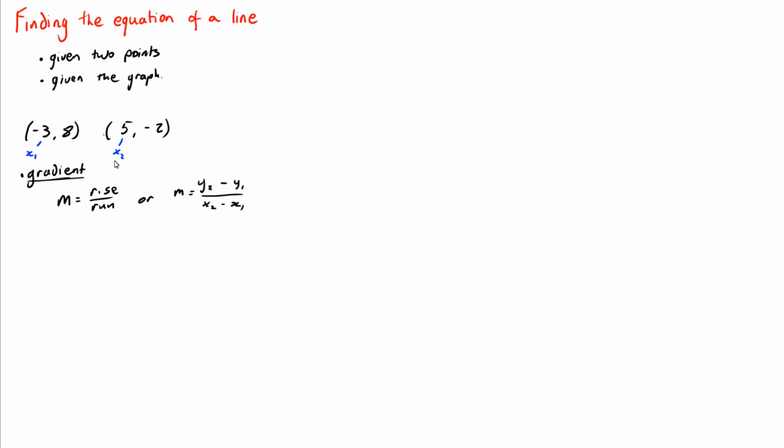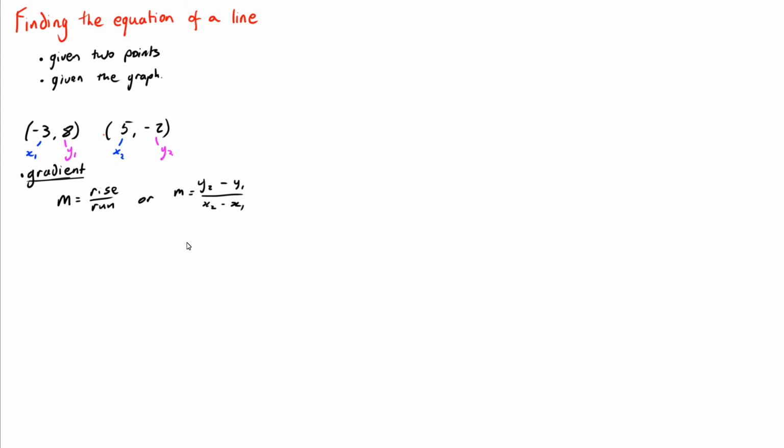It doesn't really matter which way you put them, as long as you're consistent with the y's. The y is always the second coordinate, so 8, I'm going to call that y1, and y2. Alright, so that's my first step.